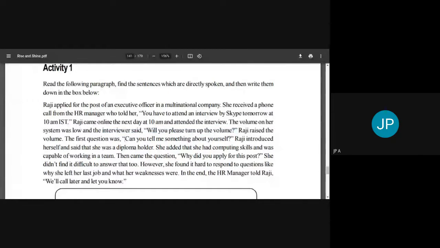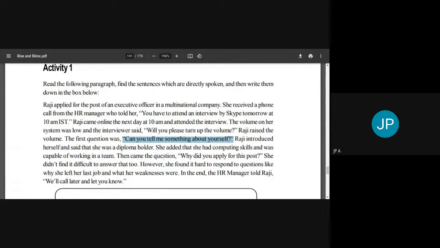Okay, the next directly spoken sentence is again identified by using these inverted commas. So this is the next one. Can you tell me something about yourself? That is the next sentence which is directly spoken by the interviewer.